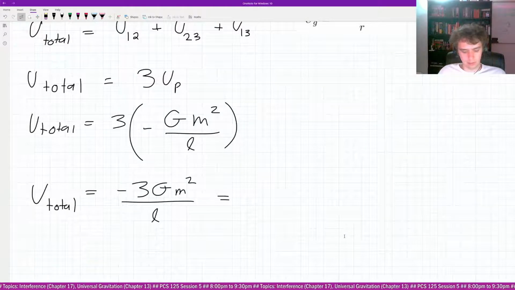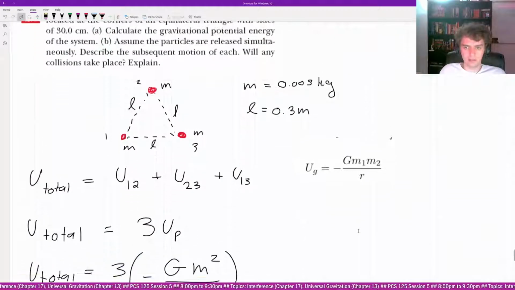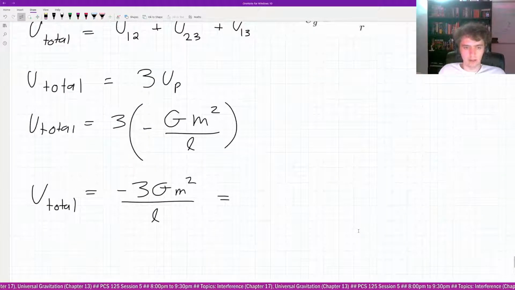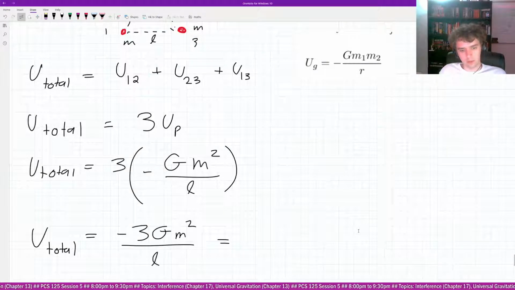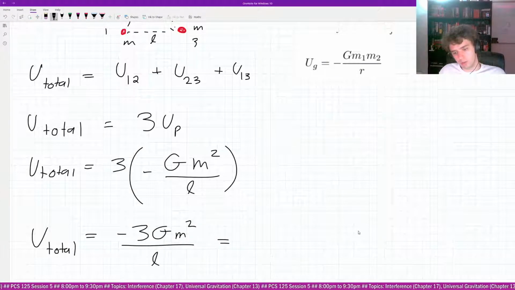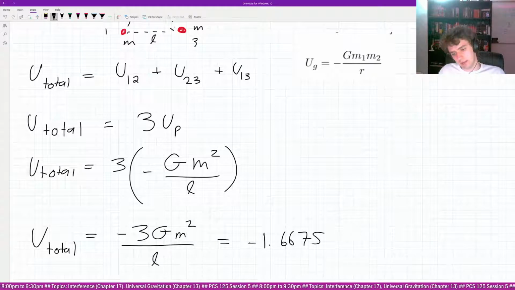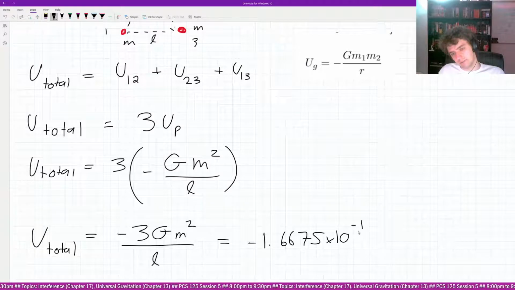That something is 0.005, I think. Over L, and L is 0.3. So I got a total potential energy of negative 1.6675 times 10 to the negative 14 joules.